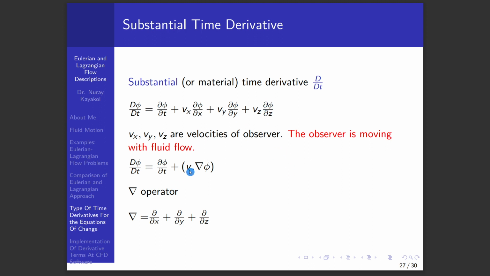Then the velocity in vector form is, for example, Vx, the velocity in the x direction, the velocity in the y direction, or the velocity in the z direction. This is a typical dot product of the velocity with the del operator of phi.